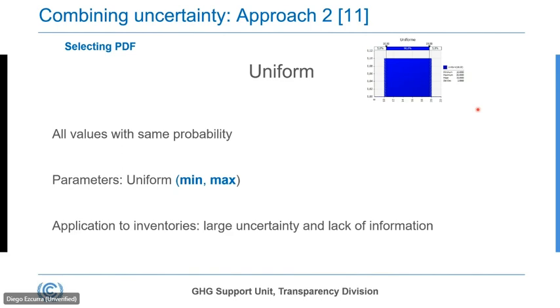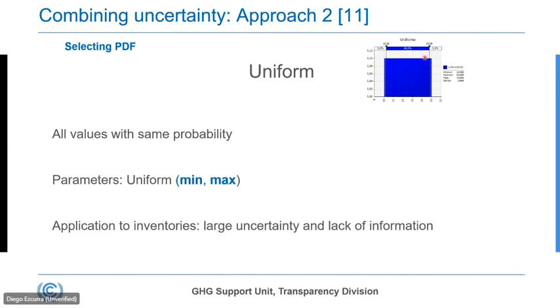You may not use this very much. This is a case where you just need to define the variable. You just need the minimum and the maximum. You just define the range, and that's it. Every single value within the range you define can be selected with the same probability. That's the uniform probability density function.